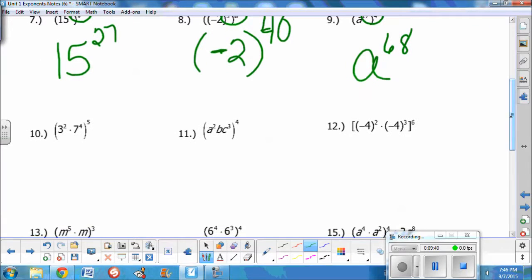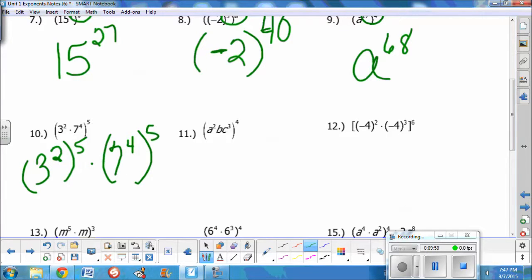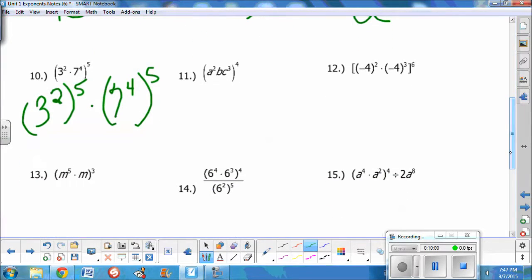Okay. 10 changes it up a little bit, and so now we have, I could write this another way, 3 to the 2nd to the 5th times 7 to the 4th raised again to the 5th. So we have different bases here, a 3 and a 7, so treat them separately.